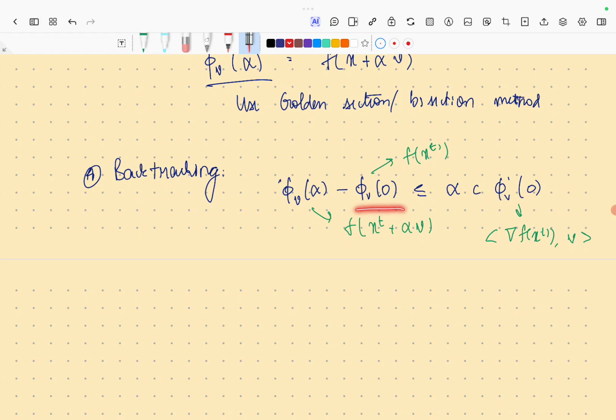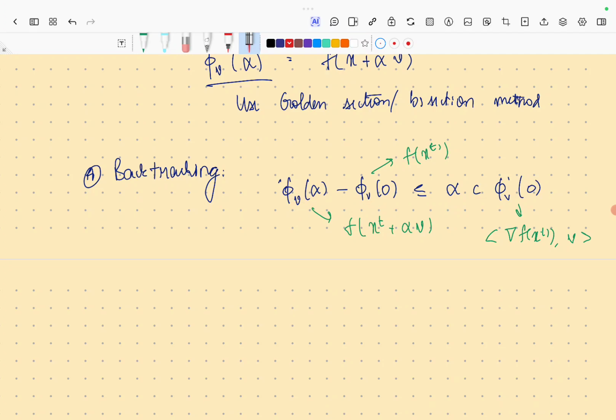But in practice, this turns out to have the best trade-off between computational complexity and speed of convergence. That is, you don't make too many oracle accesses, but at the same time, it does much better than choosing the step sizes beforehand. And this is one of the most popular ways to choose the step size.